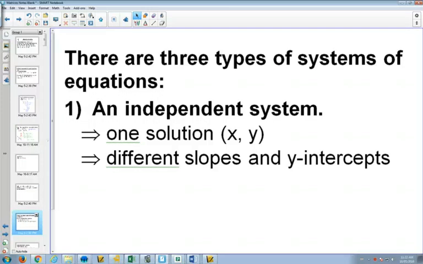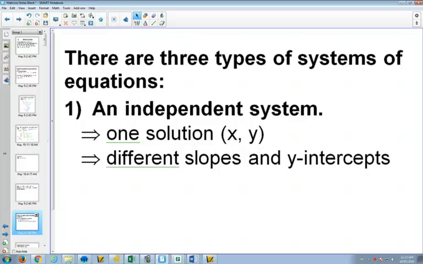But it's not always that they have a point of intersection. When they do, we call it an independent system. It has one solution. That happens when you have different slopes. And if you have different slopes, most often you'll have different y-intercepts.